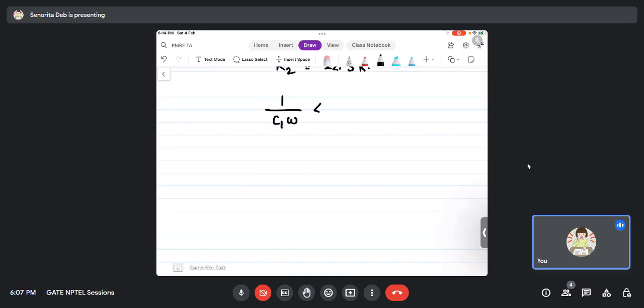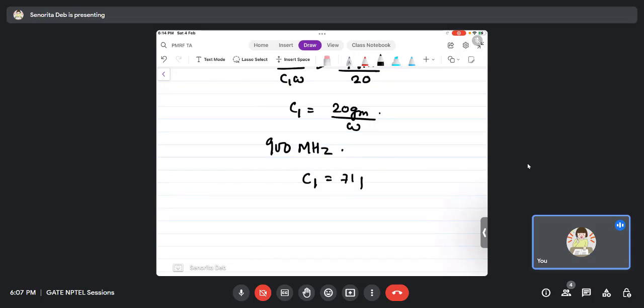So 1 by C1 omega is approximately taken as 1 by Gm upon 20. Okay, so that is C1 is nothing but 20 times Gm by omega. So now if the circuit is operated at 900 megahertz, you will see that you get a C1 value of 71 picofarad. Okay, and this is how the value of C1 is obtained.